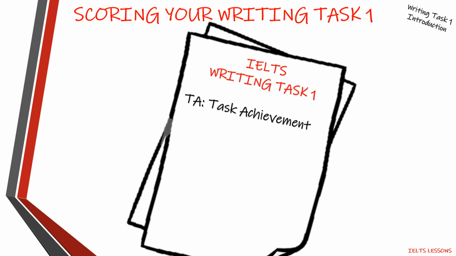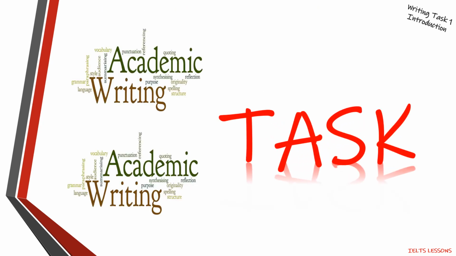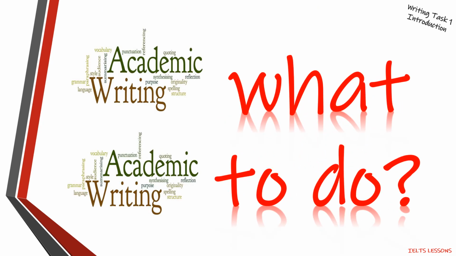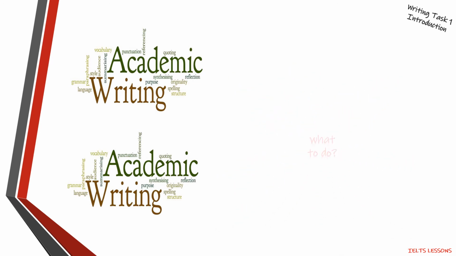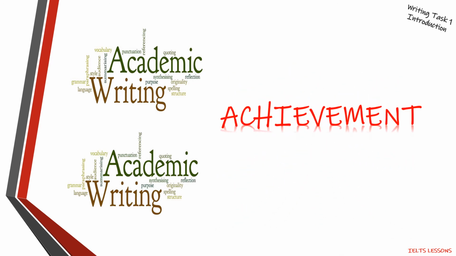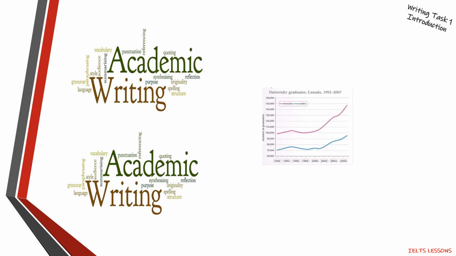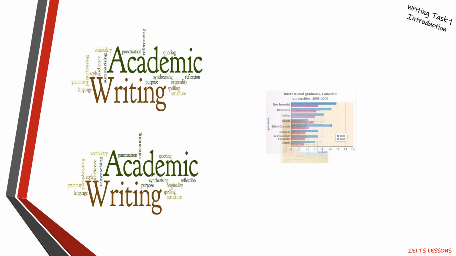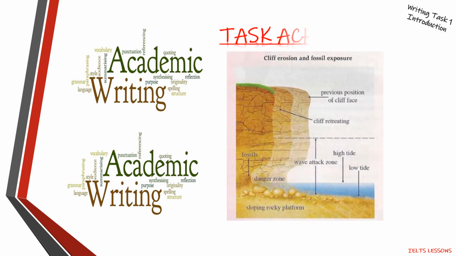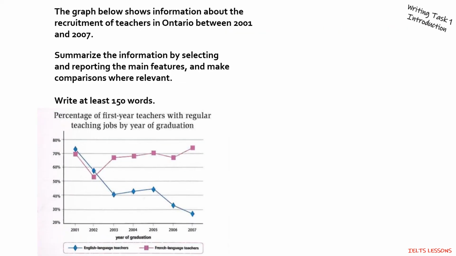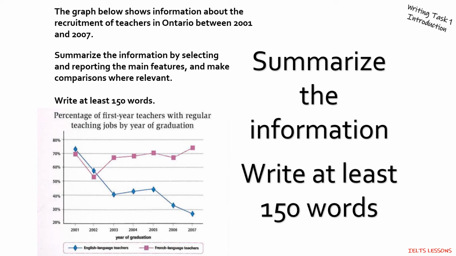Now let's check here. The first criterion is task achievement. Now what is this? The task is basically what asks us to do, and the achievement here is how we present the data or the diagram. Now in this data, for example, our task is to write a summary in response to a particular graph.